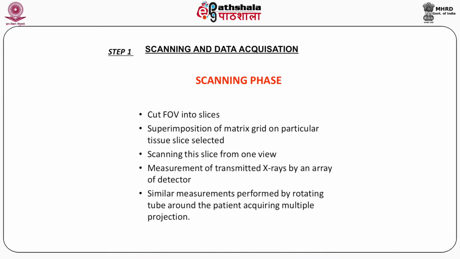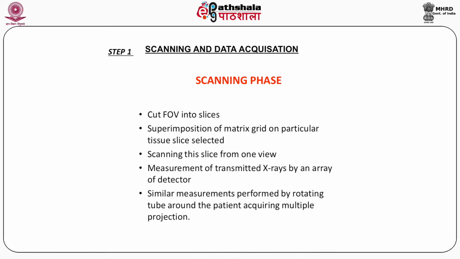Now let us see how the scanning and data acquisition phase takes place. The scanning phase involves the data taking by rotating the X-ray tube, and the X-ray transmitted through the patient.